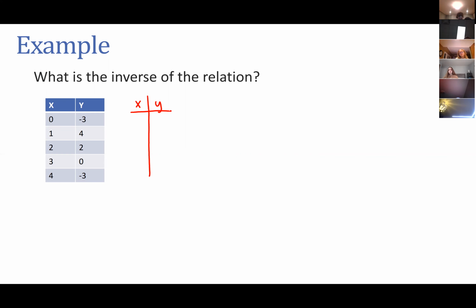So the point 0, -3 becomes -3, 0. 1, 4 becomes 4, 1. 2, 2 is 2, 2. 3, 0 is 0, 3. And 4, -3 will become -3, 4.